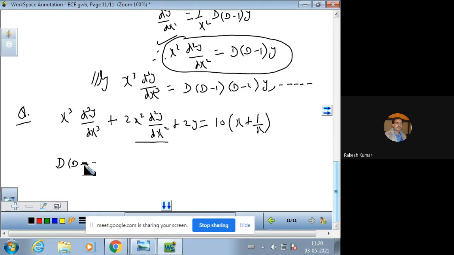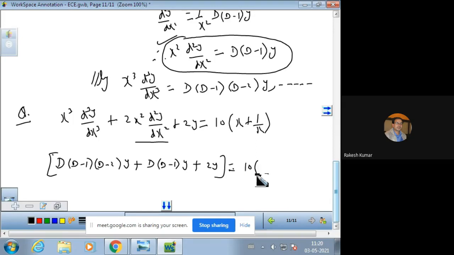So put the values D into D minus 1 into D minus 2 into y. This is the value we have. And plus the second order term value will be D into D minus 1 into y, plus 2y. And you know that what we have substituted, we have to substitute x equal to e raised to power z.